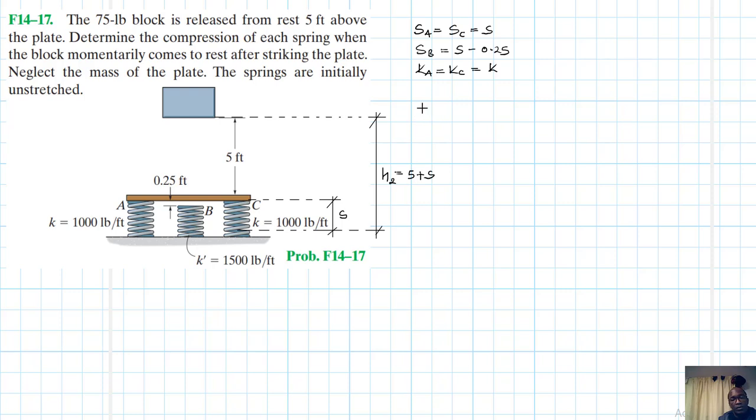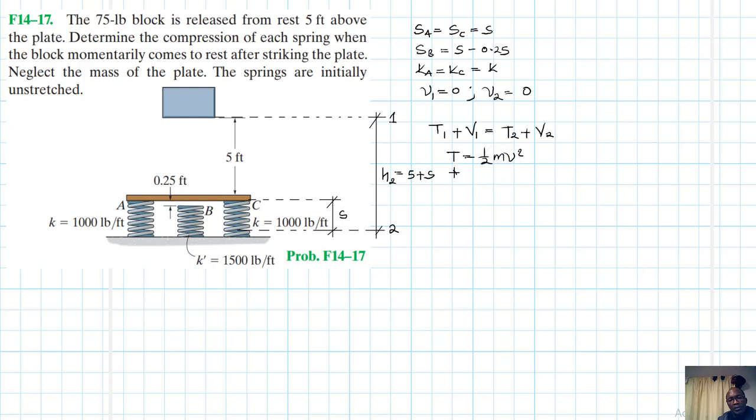So therefore, let's call this point 1, this point 2. Then we have our v1 is equal to 0, so is our v2 equal to 0. So our kinetic energy at point 1 plus potential energy at point 1 is equal to kinetic energy at point 2 plus potential energy.